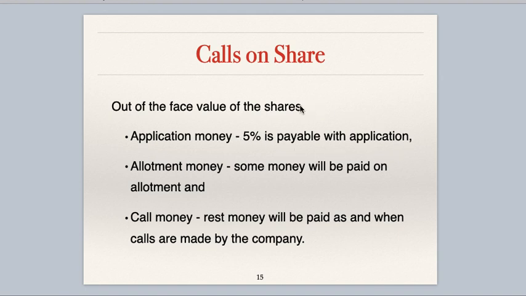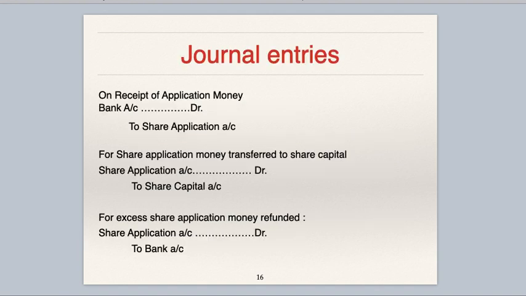Application money, 5% of the face value is payable with application money, minimum 5% or more. Some money on allotment and some money on calls as per the policy of management. Now, when company receives this, you are supposed to pass journal entries.